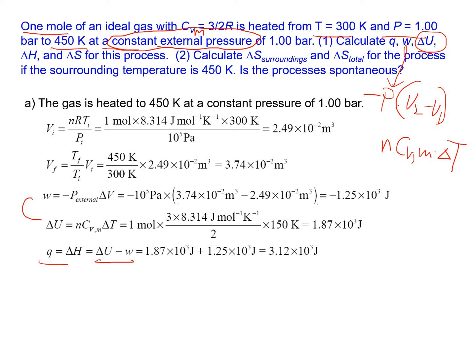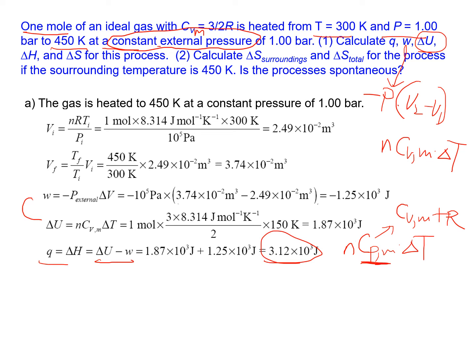The other way you can do it is, because it's a constant pressure, the heat is n CPM delta T. And CPM can be calculated by CVM plus R. CVM is given, so you can also calculate, and it should give you the same result.